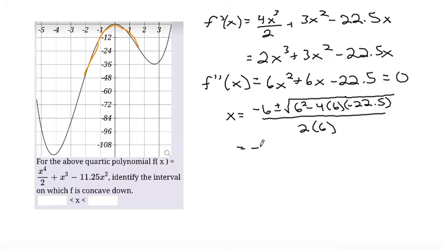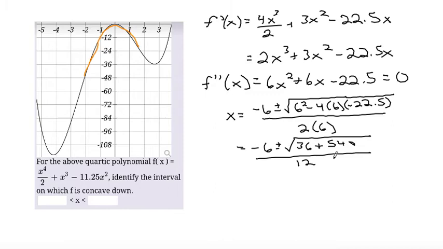So simplifying, it's negative 6 plus or minus the square root of 36. We have 4 times 6 times 22.5 is 540. Since there's two negatives, it would be plus 540, divided by 12. So 540 plus 36 is 576.